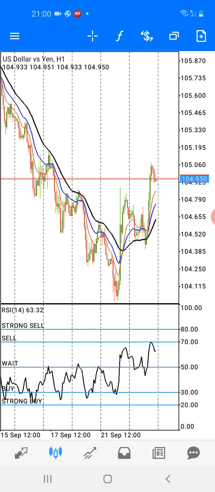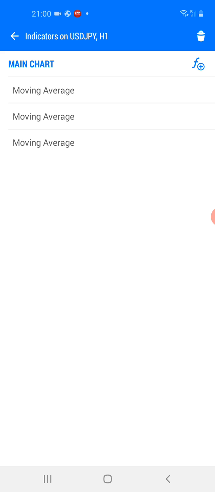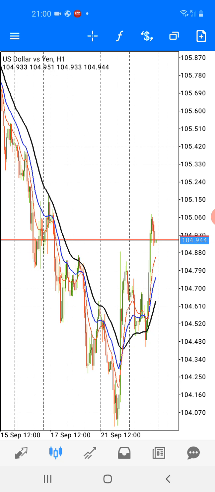Let's go to the F key and deactivate the relative strength index which I have here, and of course apply it again in order to make you understand the process. Deleted. You can see how the chart looks, just like the previous content which I uploaded.